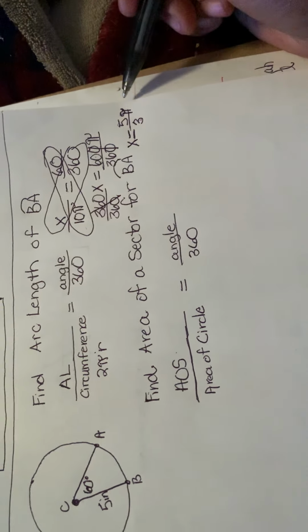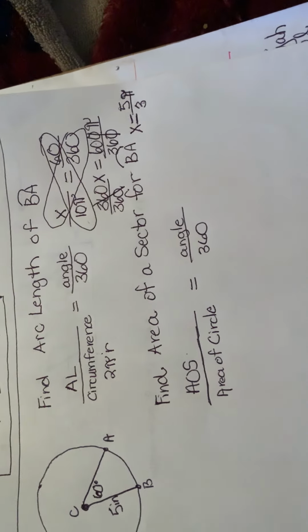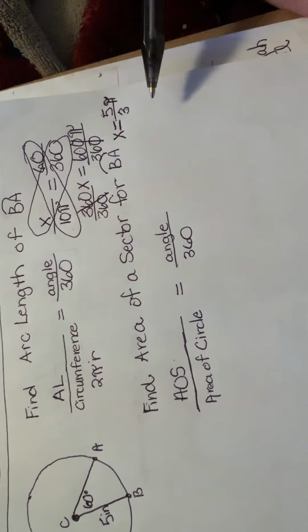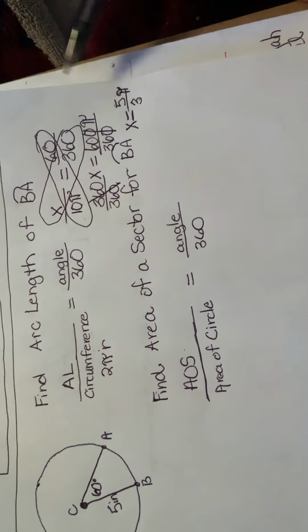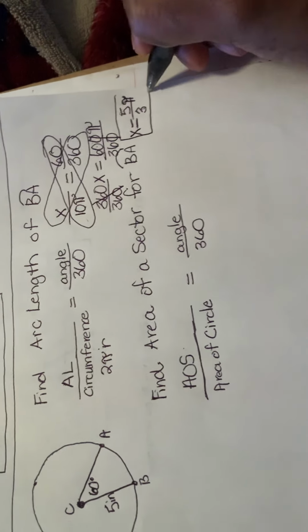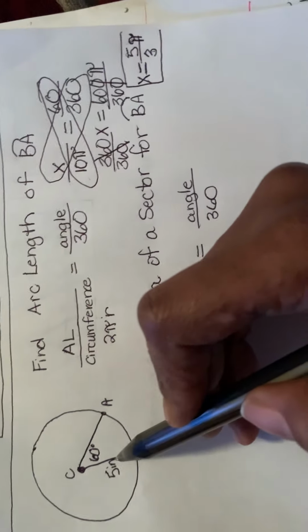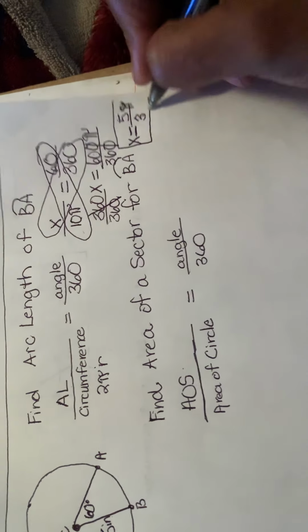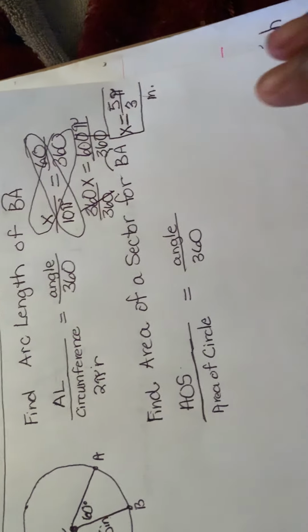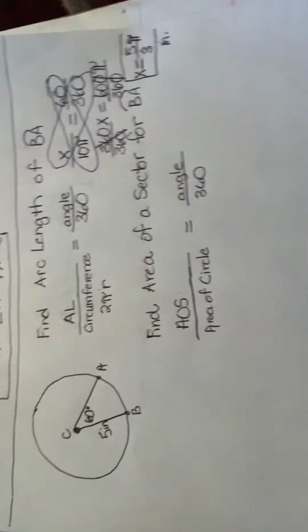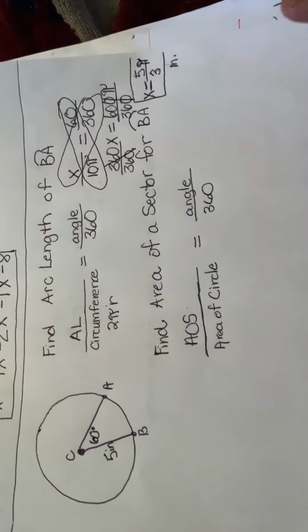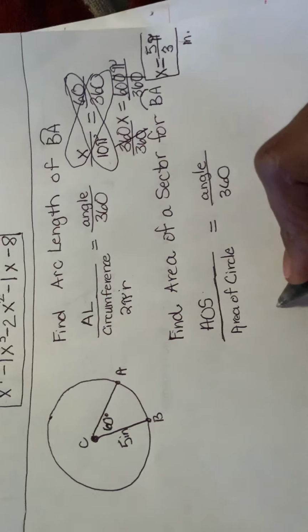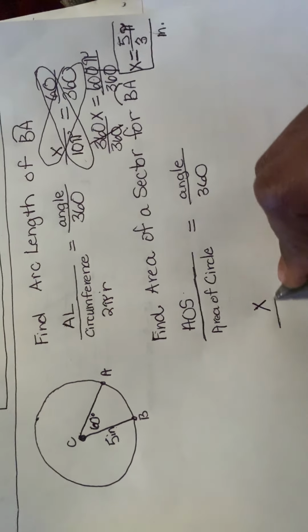And then pi is to the side of that fraction. Now, if you wanted to write it as one fraction, pi would be on the top. This is my arc length. And since the radius was measured in inches, that means this would be in inches as well, the units. So inches. All right, the area of a sector is done much the same way. So I don't know the area of the sector, so I'm going to write x.